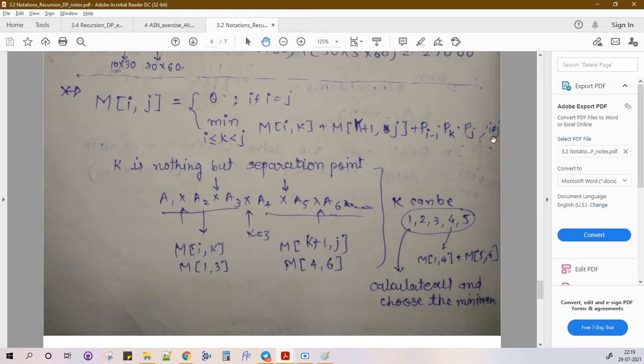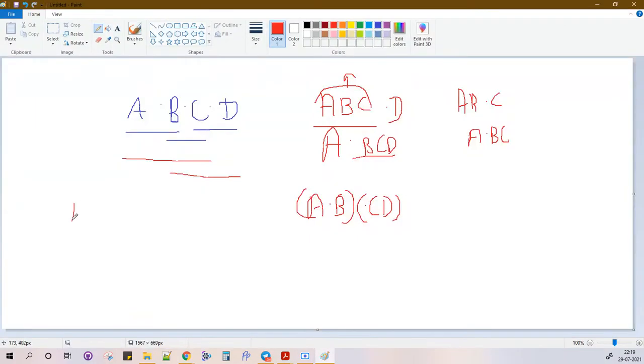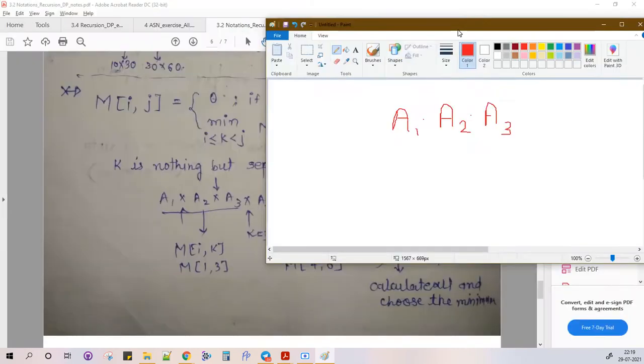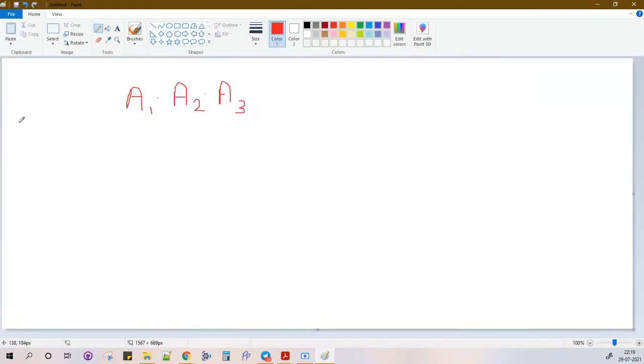Let's say i is not equal to j, that means I want to solve A1 multiplied by A2 multiplied by A3, or anything. We are generalizing the formula, and this is really a good formulation. So A1 multiplied by A2 multiplied by A3 is nothing but M of 1 3.